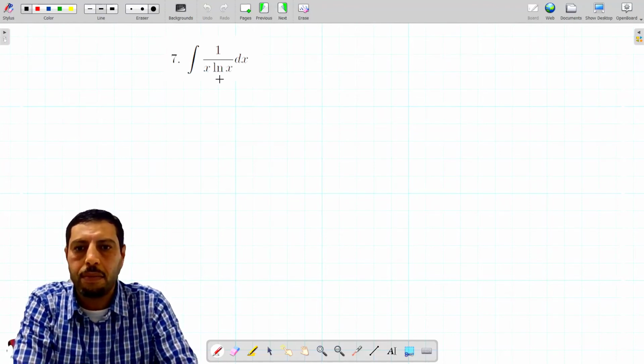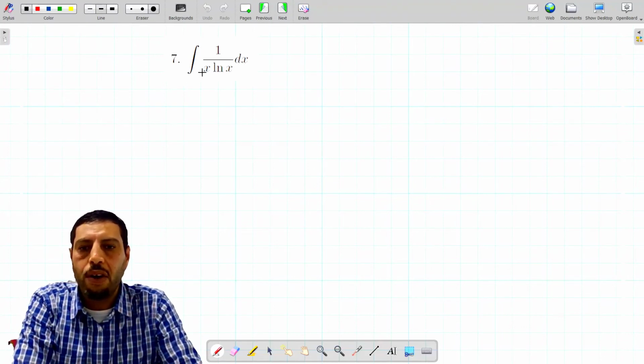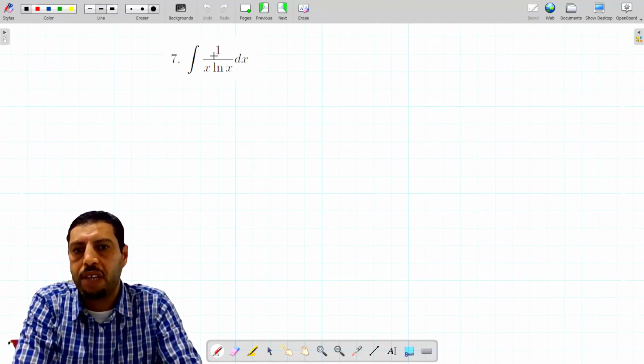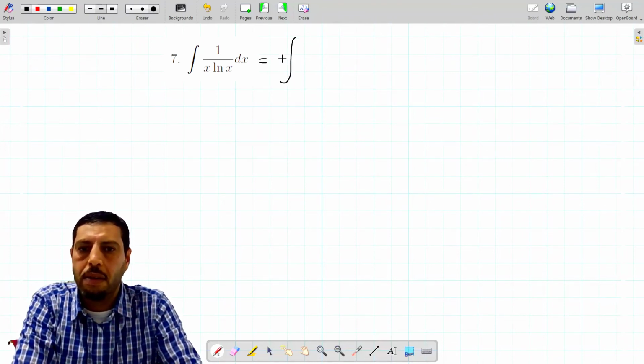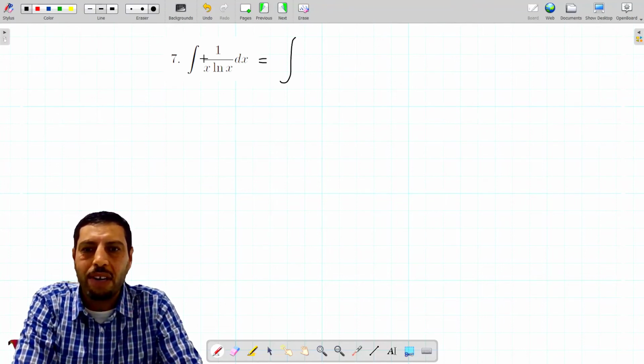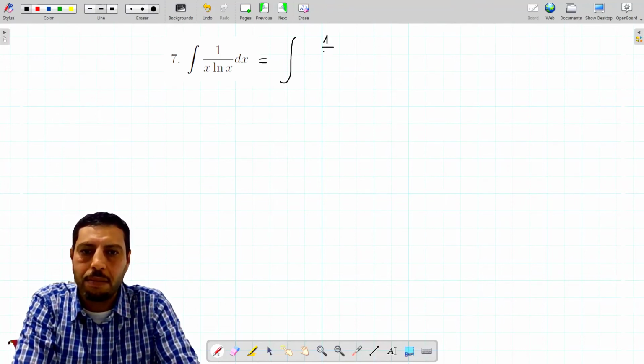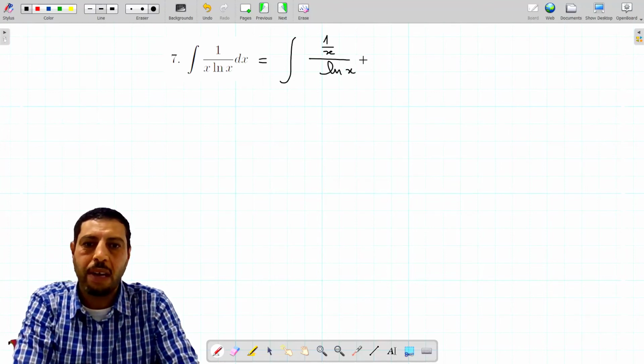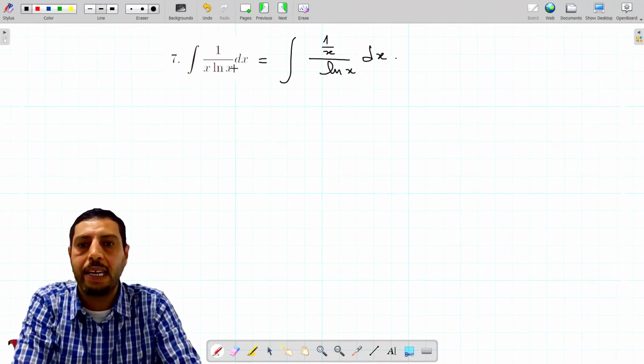Next one. The integral of 1 over x ln of x. Of course, here we don't see a clear shape of our integral, so we're gonna try to rewrite it before making this integral. So I will write it as 1 over x over ln of x. My recommendation is when you see an ln inside an integral to search for 1 over x, because the 1 over x is the derivative of ln of x.